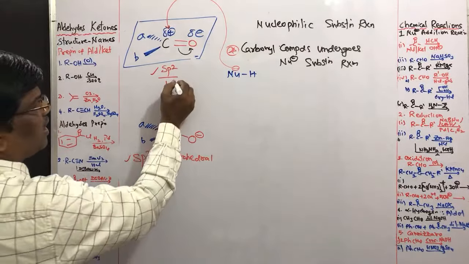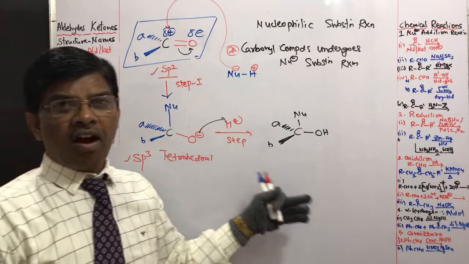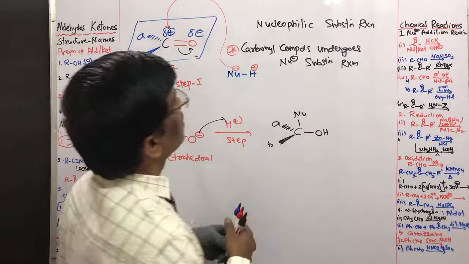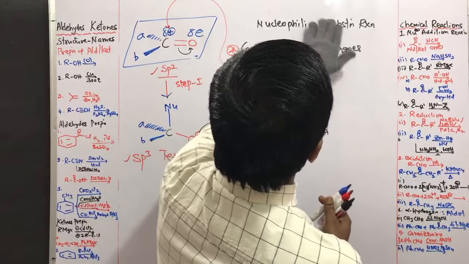So this addition from above the plane or below the plane is going to have big stereochemistry, and that will follow some Ingold-Prelog's rules. Carbonyl compounds undergo nucleophilic addition reaction, students.